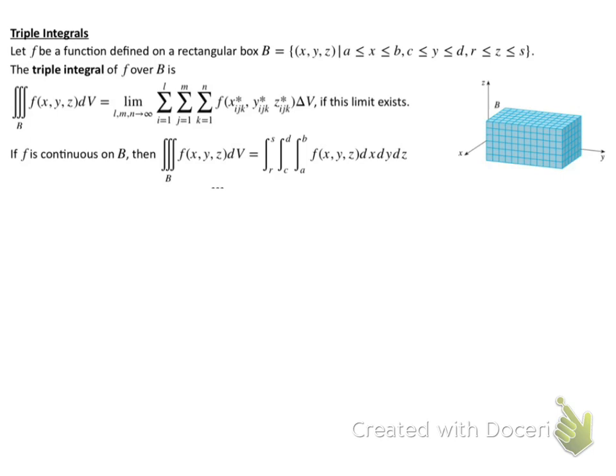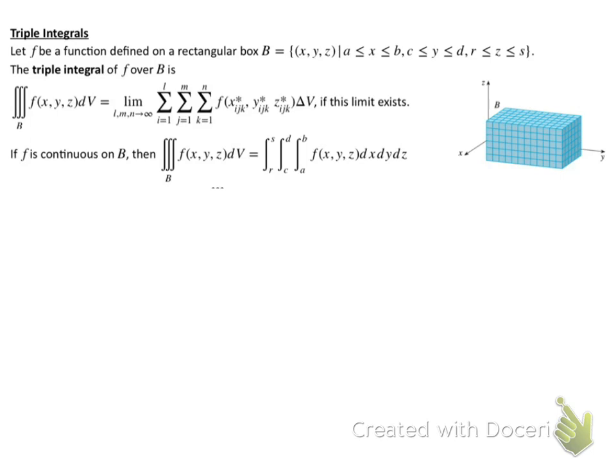Okay, we have this box or rectangular prism, and the triple integral of f over B is defined the same way. It's a limit of Riemann sums, where the box is divided into many small boxes.